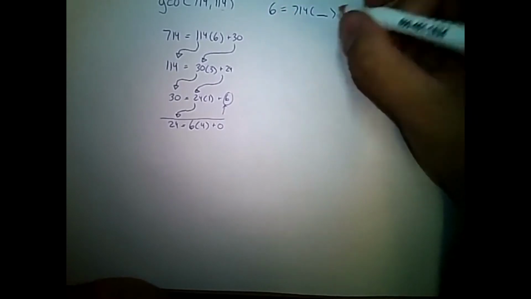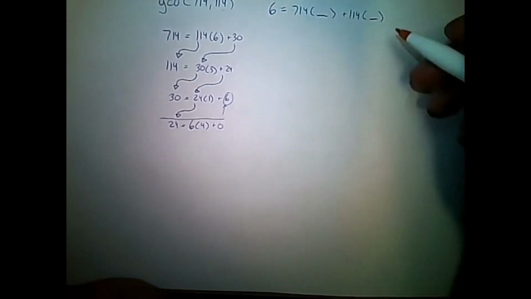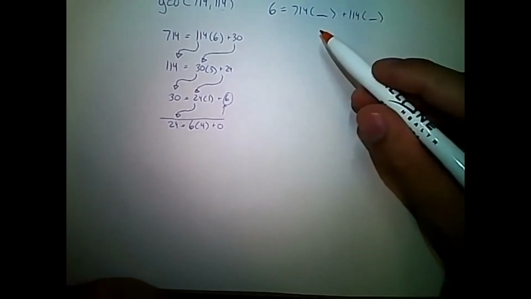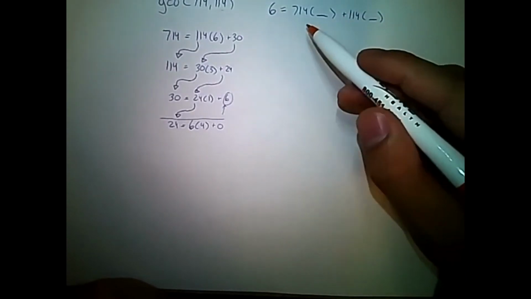This is known as a linear combination, but it also looks similar to Bézout's theorem, where we had D equal to AX plus BY, where D was our greatest common divisor. If we want to write things in this form, how do we start?